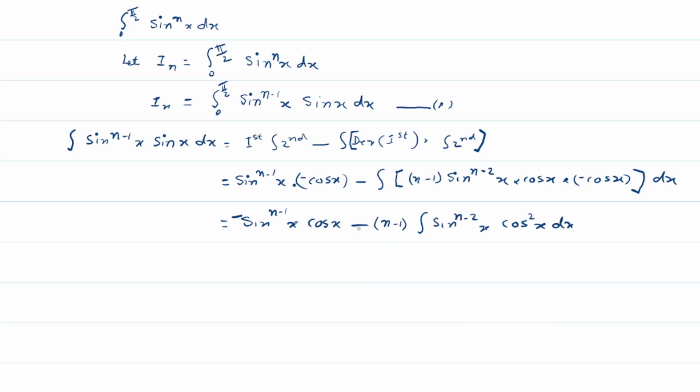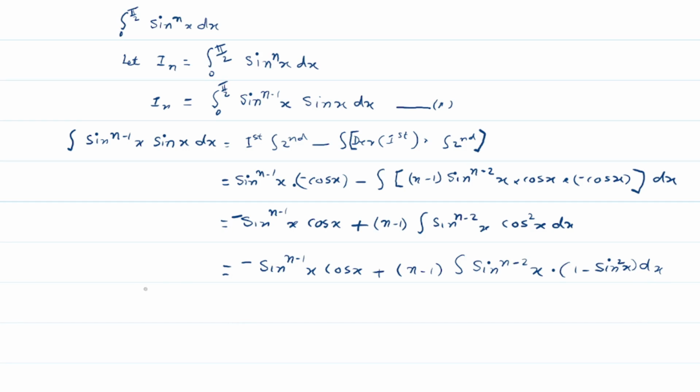This minus will make the negative positive, and that is equal to minus sine raised to n minus 1 x cos x plus n minus 1 times the integral of sine raised to n minus 2 x, where cos square we will convert as 1 minus sine square x dx.